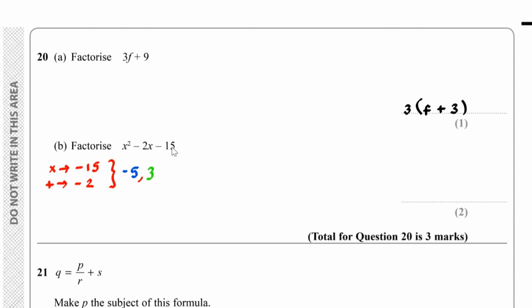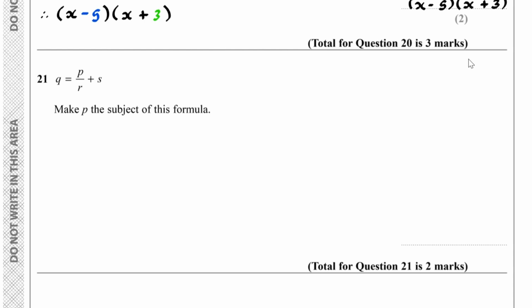Minus 5 times 3 is minus 15, minus 5 plus 3 is minus 2. So when we come to factorise, we would have x minus 5 multiplied by x plus 3. So I've got x minus 5 times x plus 3.